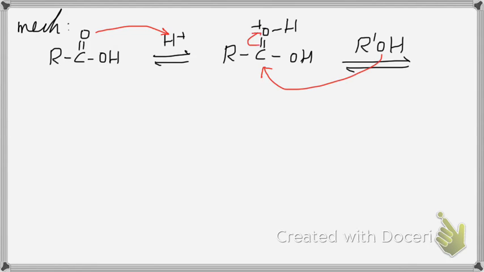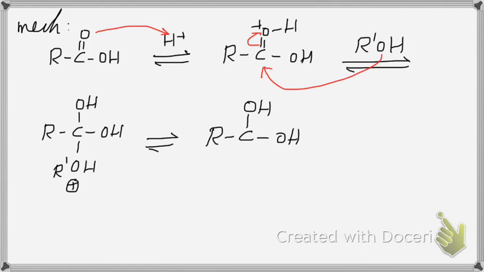So the alcohol, which will serve as the nucleophile, will attack the carbonyl carbon, breaking the C=O double bond. This step will form a tetrahedral intermediate. And after a proton transfer, now we have a positively charged OH group.